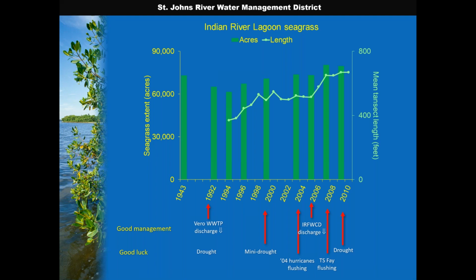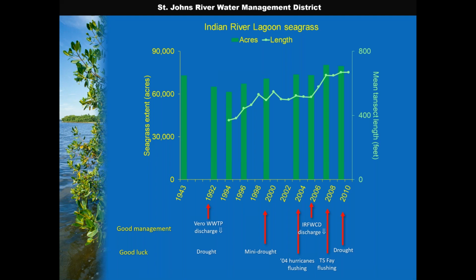And on the bottom there, I've tried to put some events in there to give you an idea that it was both good management and good luck. The major point source discharges into the lagoon went away in the 90s, so we really haven't had that since then. Some of the water control districts diverted water back into the St. Johns Basin because the canals had been dug to move water to the lagoon.